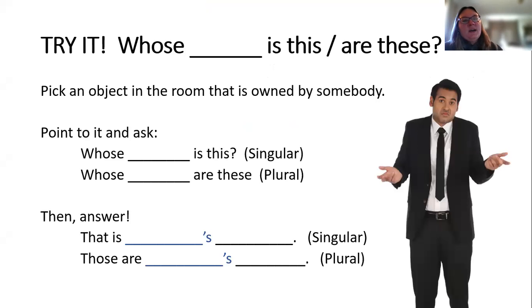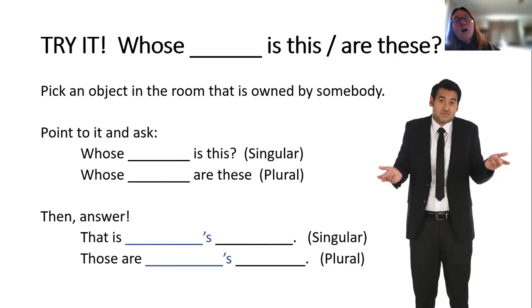All right, let's try this. We're going to do this when we are all back in together on Wednesday for a warm-up. And you can practice by going through this script. Pick an object in the room that's owned by somebody and point to it and ask, whose coffee mug is this? Whose books are these?